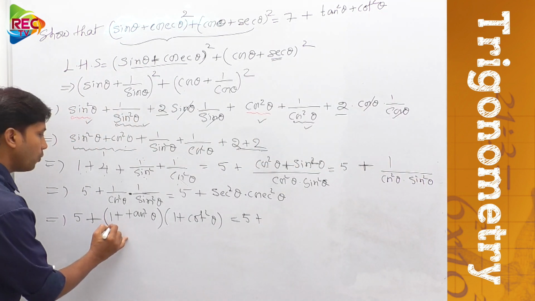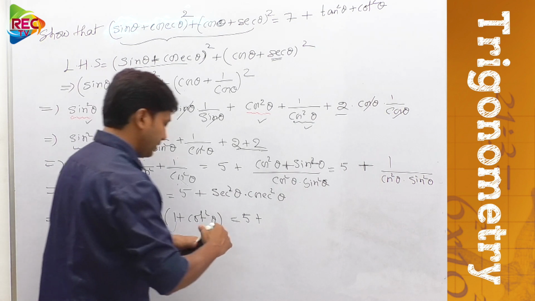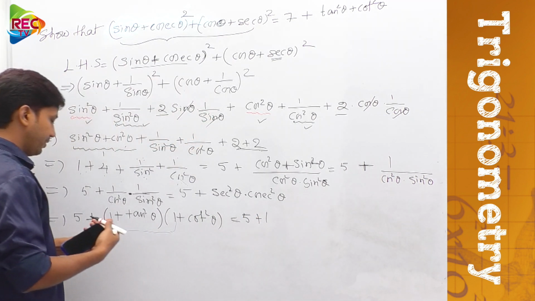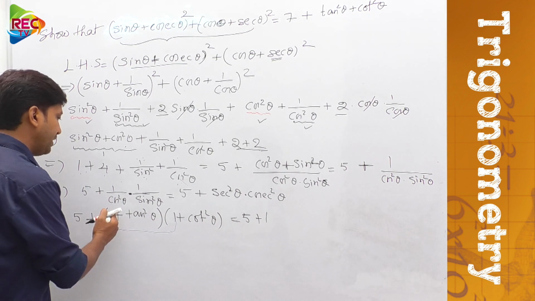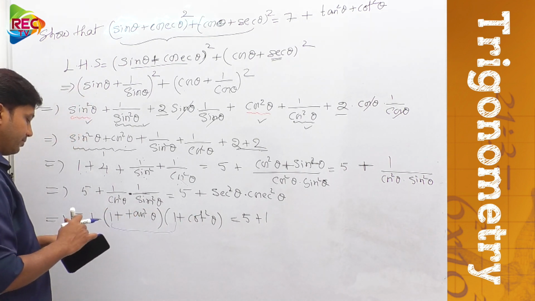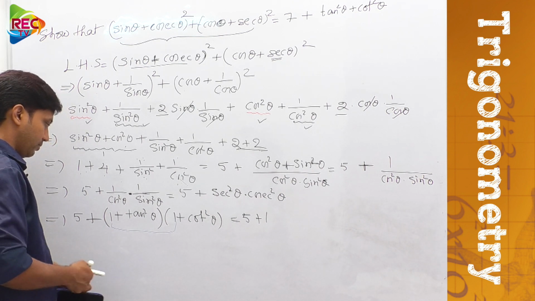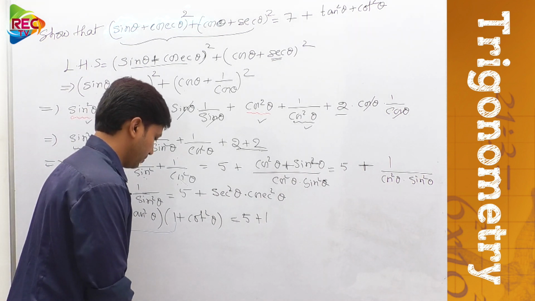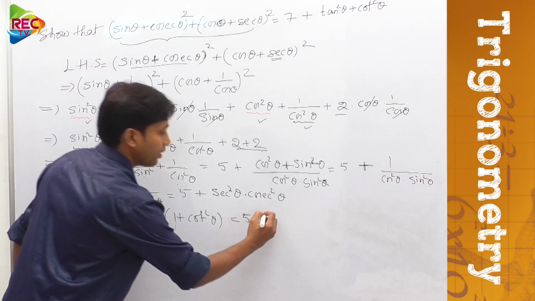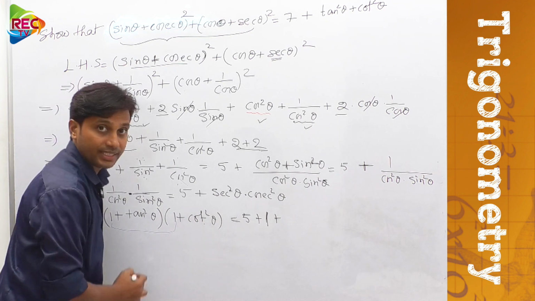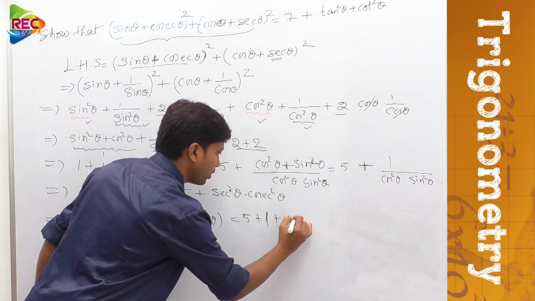With another color I will show you so that you can identify. Okay, 5 plus 1 into 1, what is that? 1 again. Next, 1 into cot square theta. Okay, 1 into 1. Now tell me 1 into cot square theta. Cot square theta.